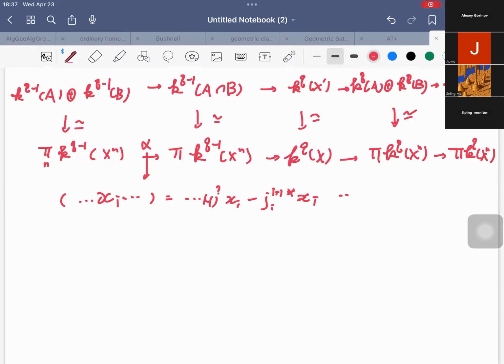So for the homology case, we are done. For the cohomology case, you will get the short exact sequence 0 to limit 1 of the KQ, to the limit, to 0.